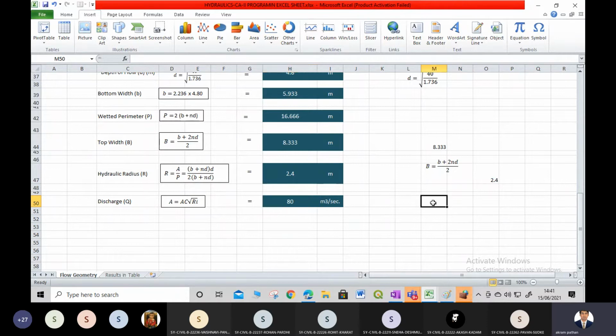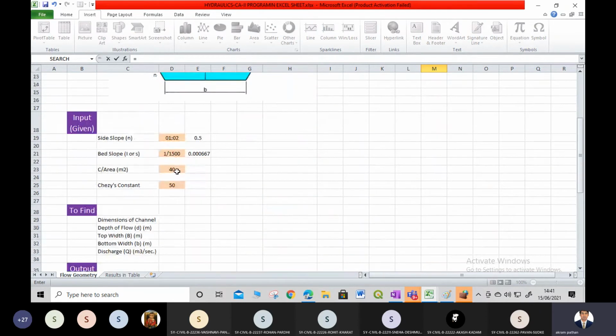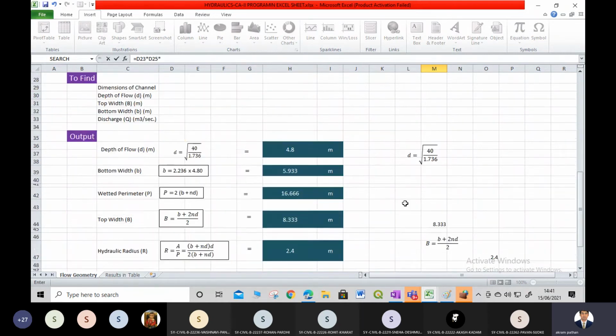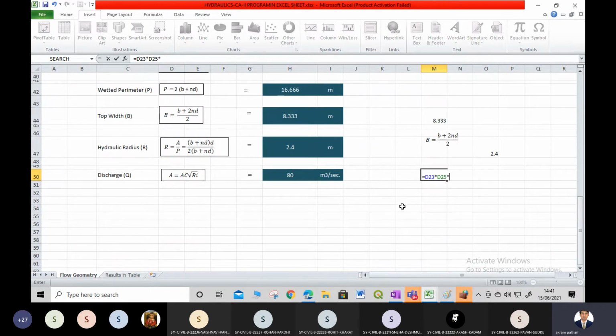So by formula, which is equal to area into Chezy's constant into 0.04. You will get 80 automatically, because under root Ri is 80. 2.4 into 1 divided by 1500, you will get now 80. So 80 is the discharge.